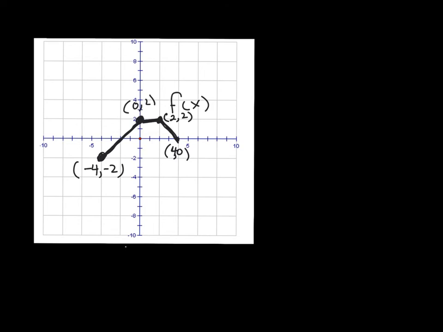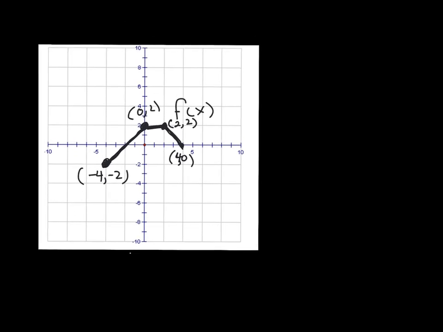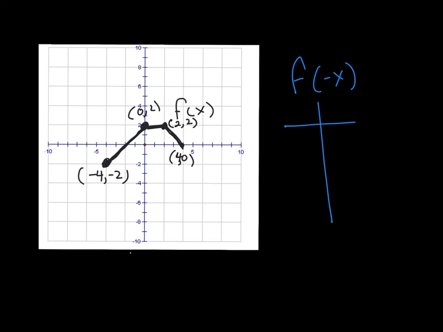So what is a horizontal transformation? Remember, when we're doing these, it means that you're changing the inside of the function. Everything that you change on the inside goes horizontally or left to right, and all of your y values will stay the same. What changes are those x values.